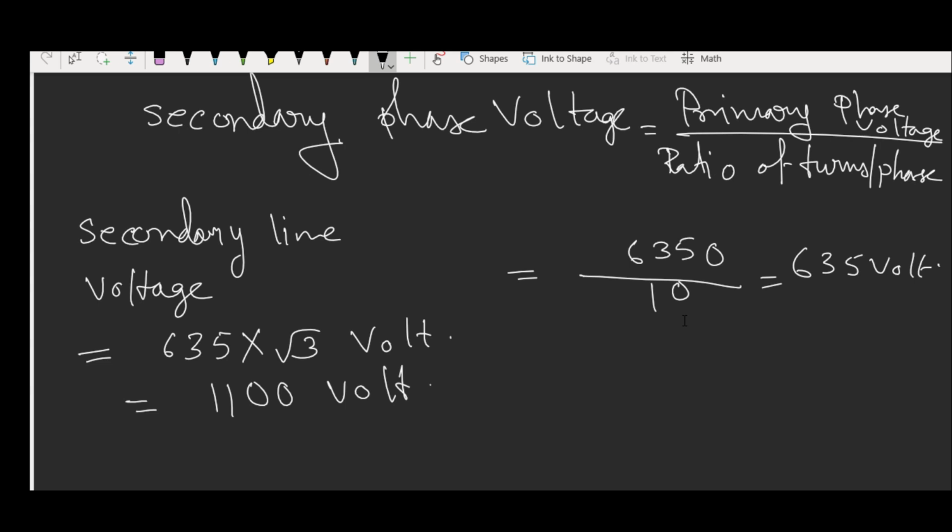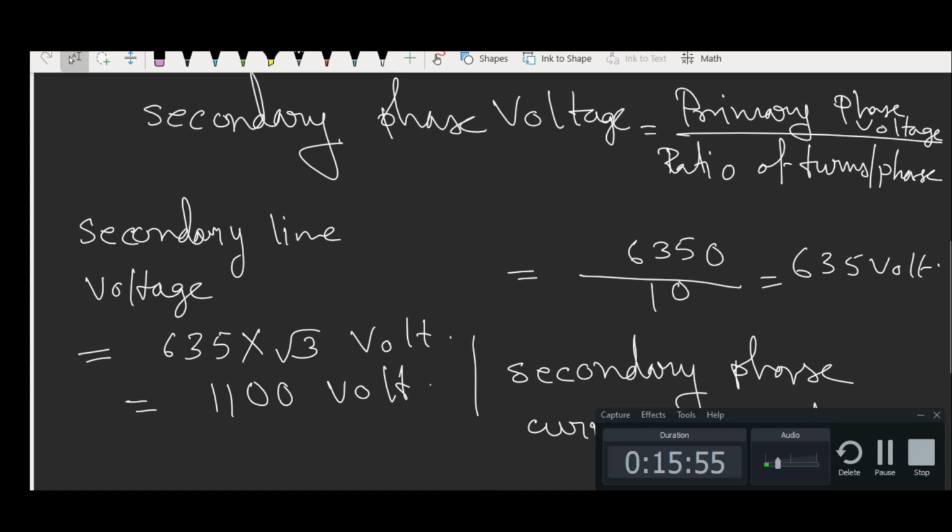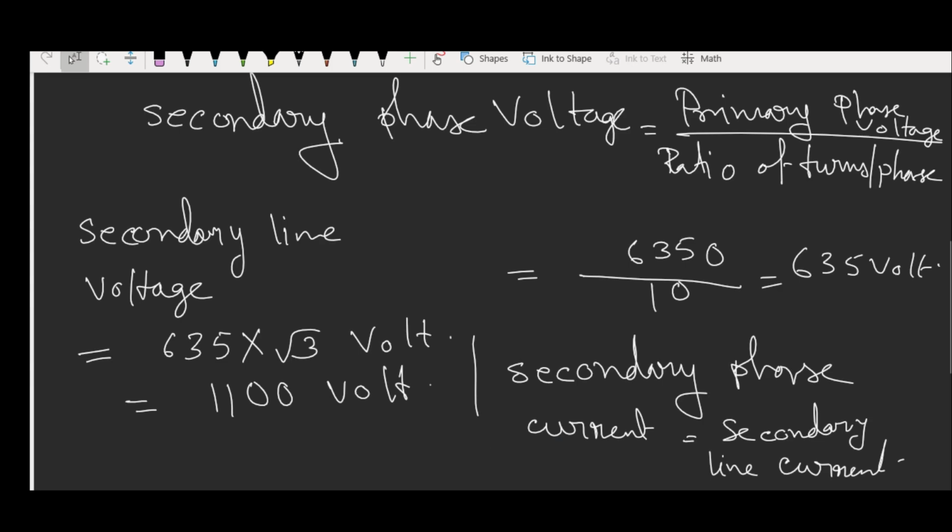Now again as it is star, secondary phase current is equal to secondary line current, right? Secondary phase current is equal to secondary line current.